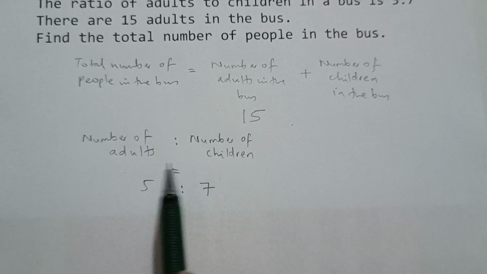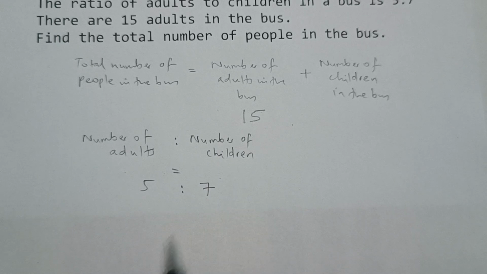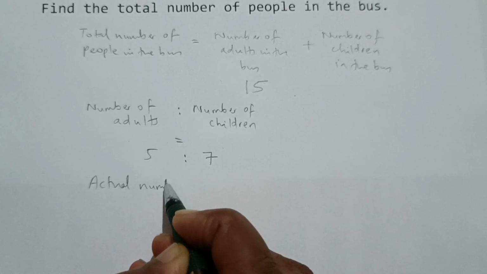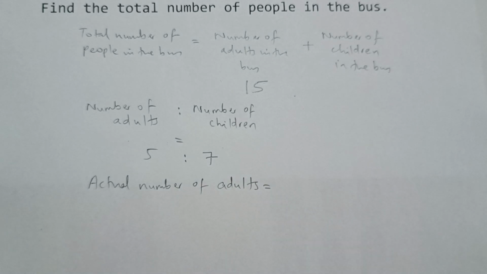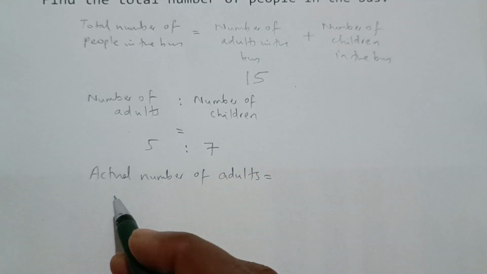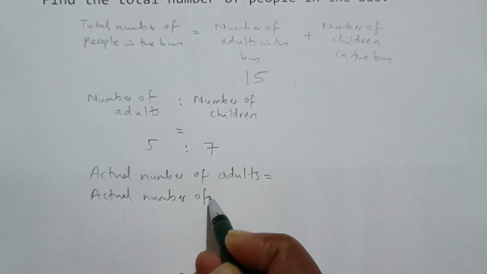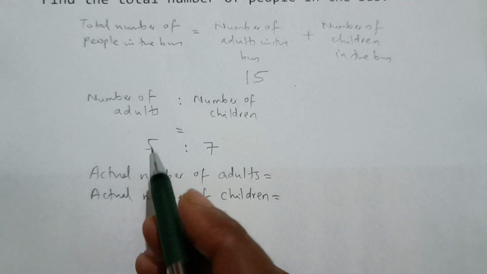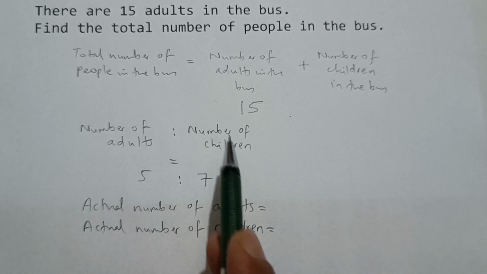So from this ratio I can find out what is the actual number of adults in the bus and what is the actual number of children in the bus. How can I find them from this ratio?